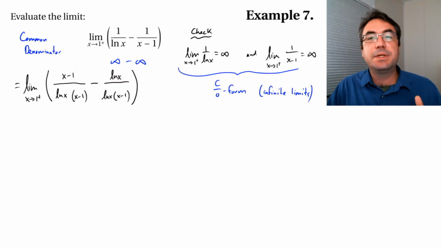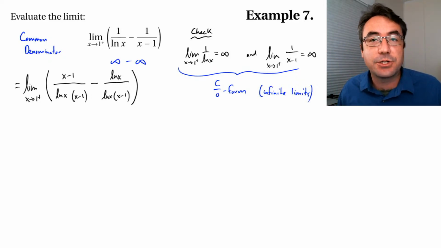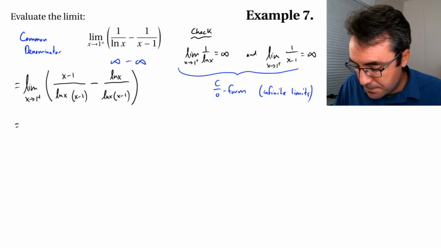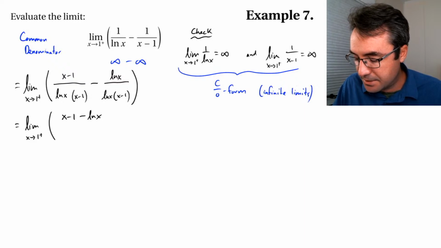Now when we have a common denominator, we have two fractions, we can combine them into one fraction. So we end up with x minus 1 minus natural log x all over natural log x times x minus 1.